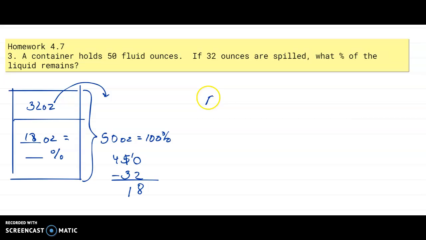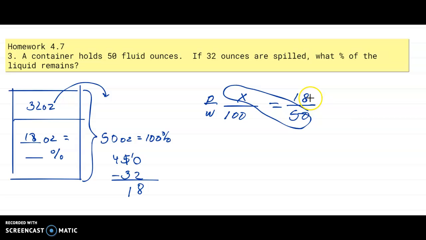So we'll set up our proportion, part over whole. We don't know what the percent is. We know that the whole amount is equal to 50 and part is 18. We're going to cross multiply, and we get 1,800 equals 50x.